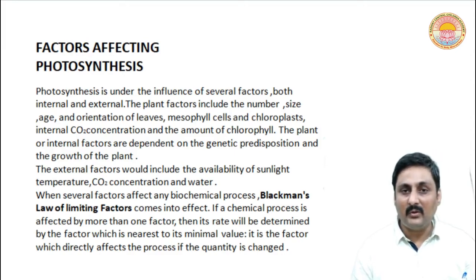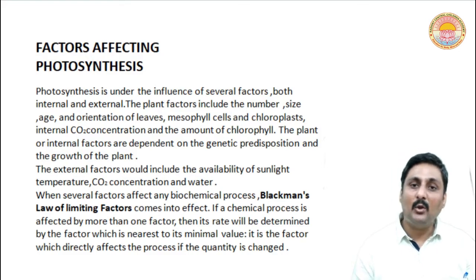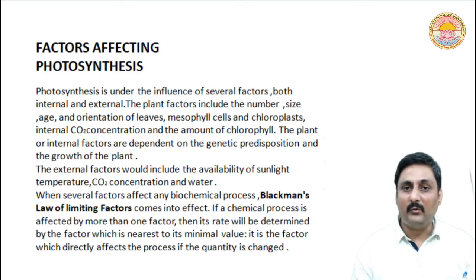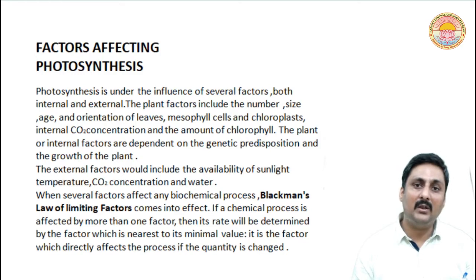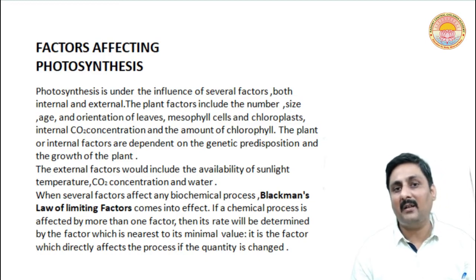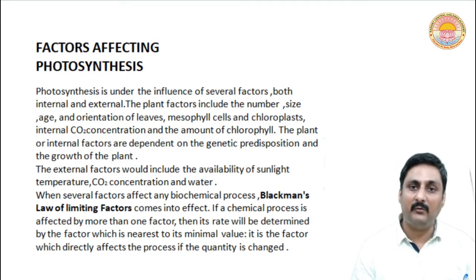Let me tell you before this, there is Blackman's law of limiting factor which affects the rate of photosynthesis. That means the factor which is present in the least amount. For example, if suppose carbon dioxide is present in the least amount and all other factors are present in a good amount, then carbon dioxide concentration will start affecting the rate of photosynthesis.